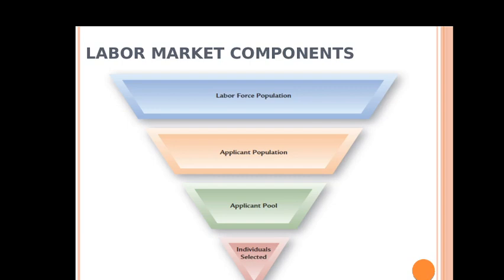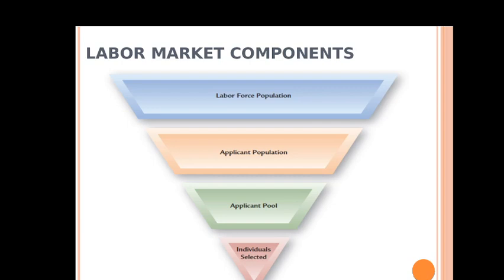The broad scope of labor markets narrows progressively to the point of, let's say, selection and job offers. Of course, if the selected candidate rejects the offer, then HR staff members must move back to the funnel and to the applicant pool, trying to access from your pool again. And if you can't find anyone, then you have to reopen the recruitment process again.